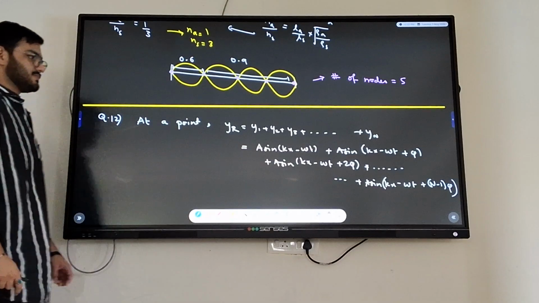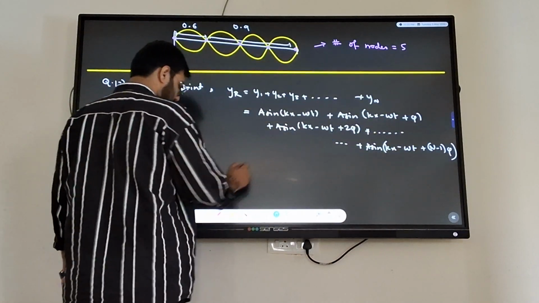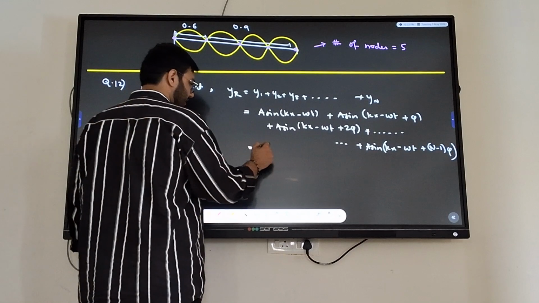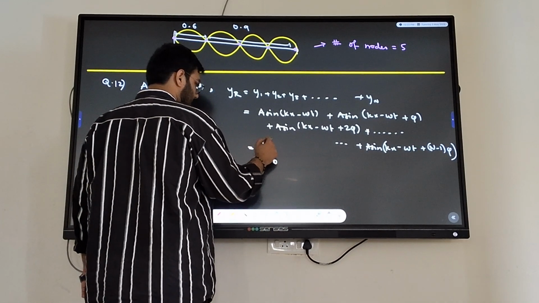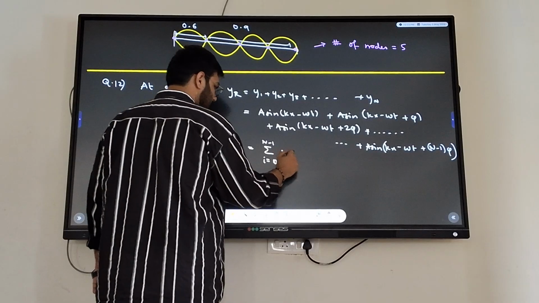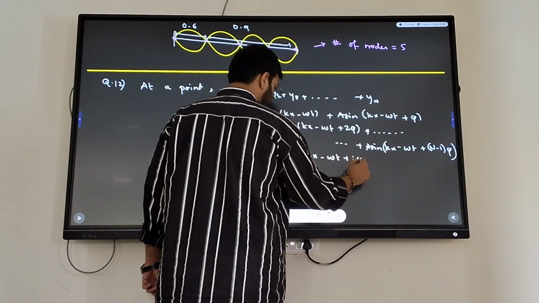Yes or no? Then how can I write this, the whole thing? Maybe I can write it in a condensed form: sum over i from 0 to n minus 1 of A sine kx minus omega t plus i phi.